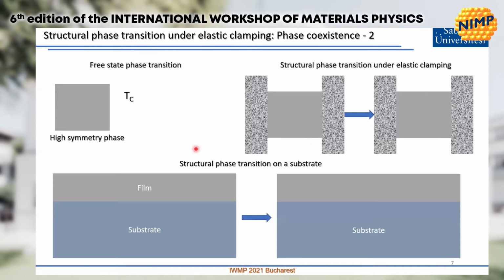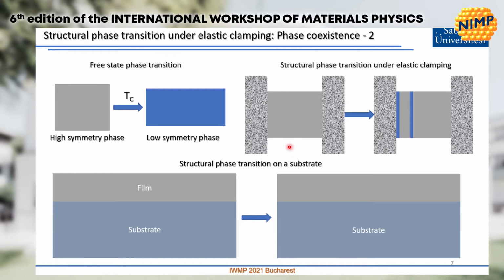Now imagine an elastically clamped structure. You have the high symmetry phase, and then you reach the critical temperature, Tc. If you're in a free state, you go from the high symmetry to the low symmetry phase. What happens if you take the same system and clamp it?